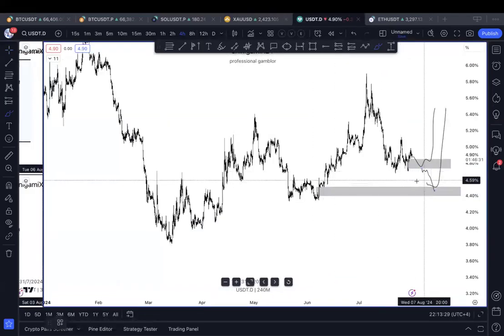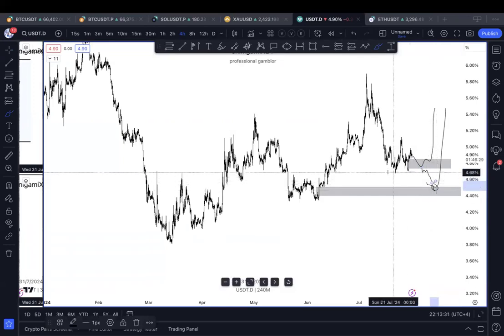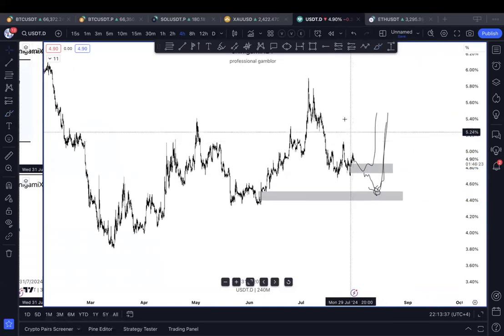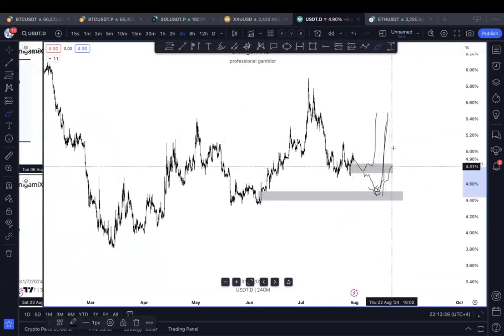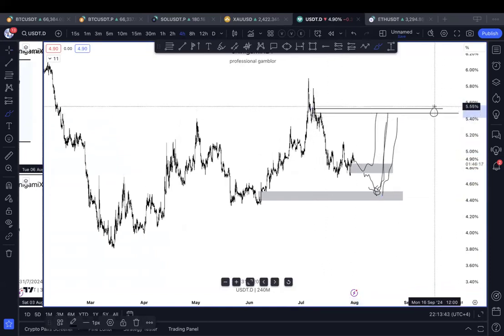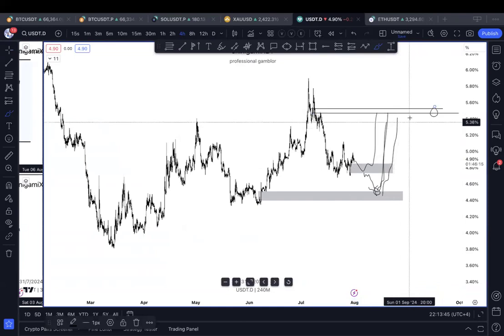Whenever USDT dominance comes around this level, I will be hugely shorting BTC and targeting much lower, as long as USDT dominance keeps pumping. It should go around to this level, which will cause BTC to go around, I think, 44K.